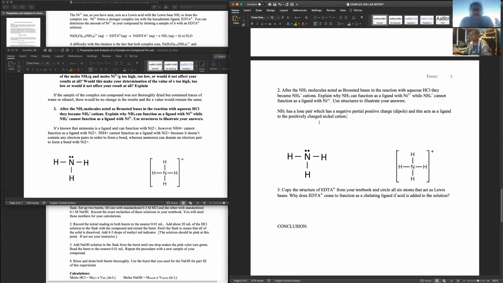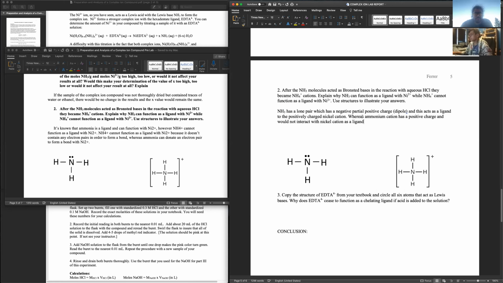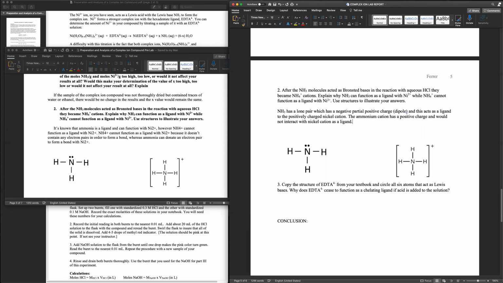Since these structures are from a different person's lab report, you should maybe use a different image of the structure, just to be on the safe side. Yeah, so that pretty much makes up the answer. Okay, so we'll do that.